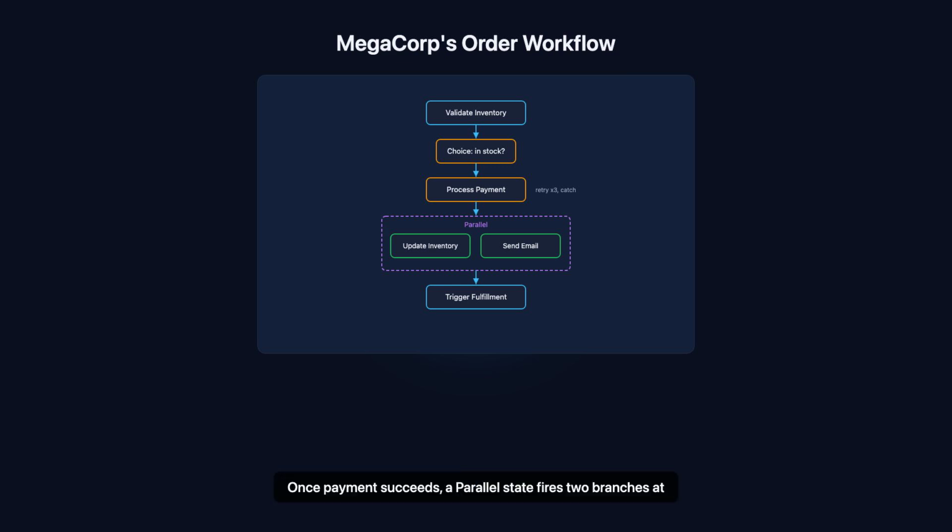Once payment succeeds, a parallel state fires 2 branches at the same time: update inventory and send a confirmation email, running simultaneously. And when both finish, the workflow triggers fulfillment. That's 5 coordinated steps with retries and branching, and none of that coordination lives in your application code.